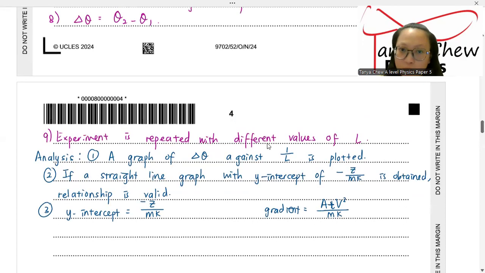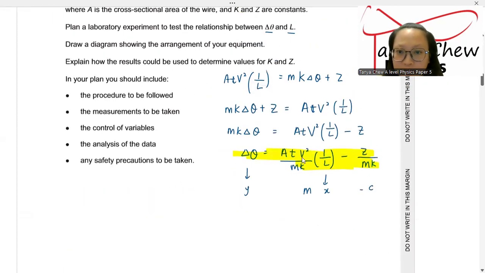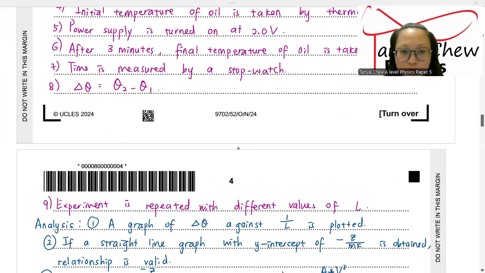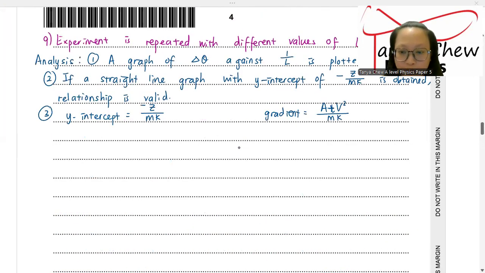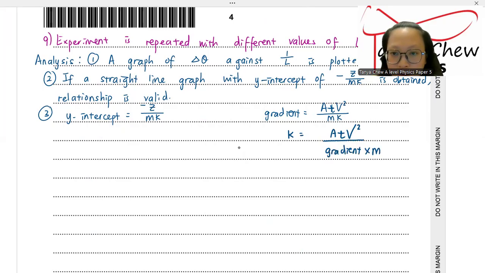So let me show you one more time. ATV square over MK, that is the gradient, right? I'm going to scroll down right here. ATV square is the gradient over MK is the gradient. That is why you make K as the subject. Cross multiplication, ATV square over gradient multiplies by M. That is your K value.